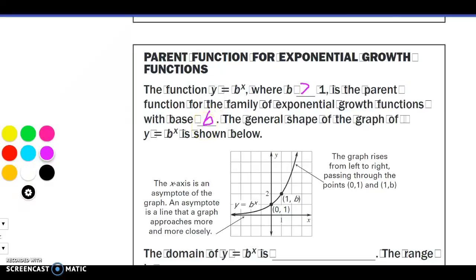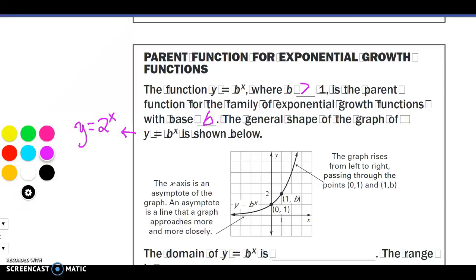Now, generally, when we write a parent function, we write the simplest function of this family of functions. So the actual simplest function we can write for this is y equals 2 to the x, and that's commonly used as the parent function for exponential growth, because a base of 1, again, won't work, because as we put numbers in for x, we would just keep getting outputs of 1.